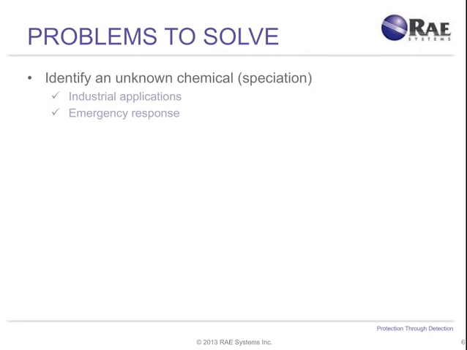So specifically, first thing we're going to look at is how you can use multiple different sensing technologies to identify and measure an unknown chemical, something we call speciation. We're going to look at industrial applications and emergency response situations.